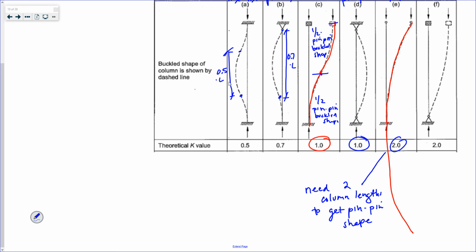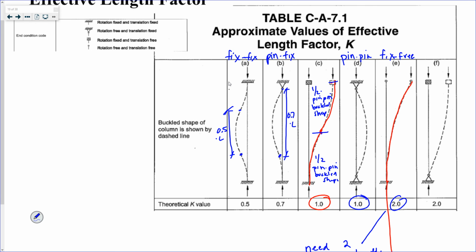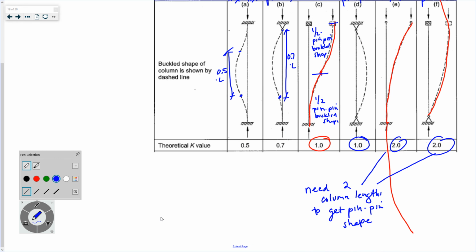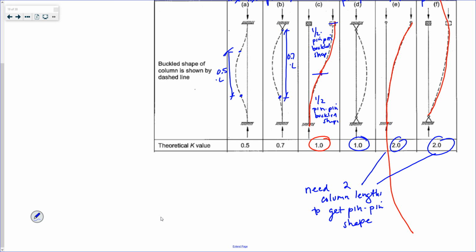And the same thing happens with your pin-free. The other half would be up there somewhere. Same story. You need 2 column lengths to get your pin shape, so your effective length value is 2.